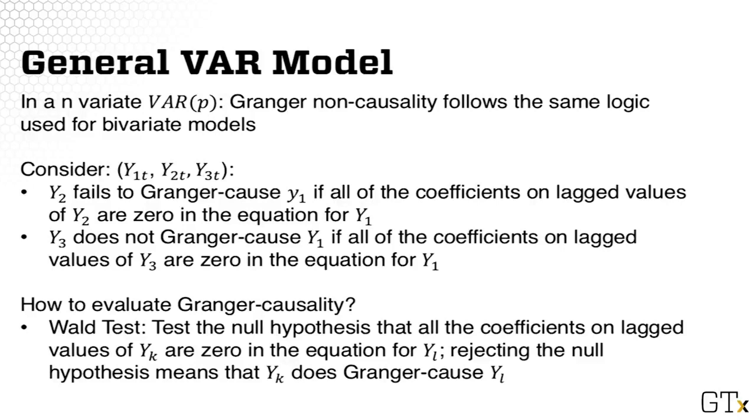More generally, for a pair of time series YK and YL among the n time series, we test the null hypothesis that all the coefficients on lagged values of YK are 0 in the equation for YL. Rejecting the null hypothesis means that YK does Granger cause YL.